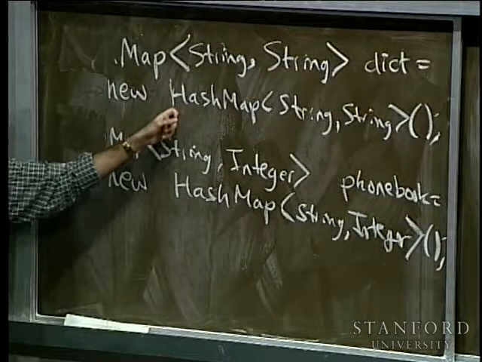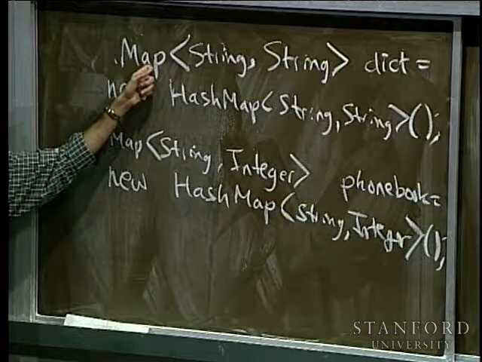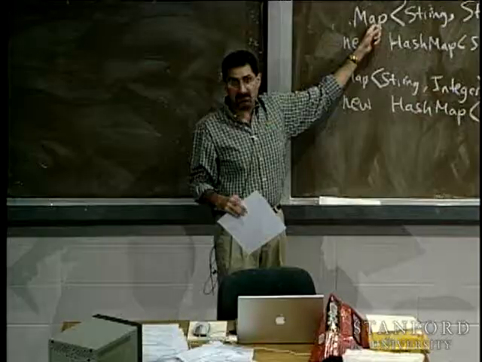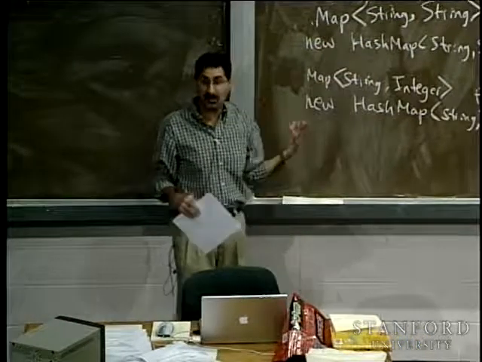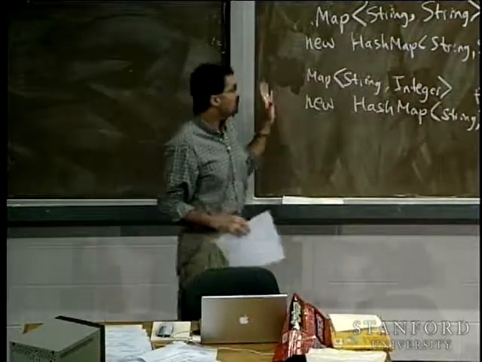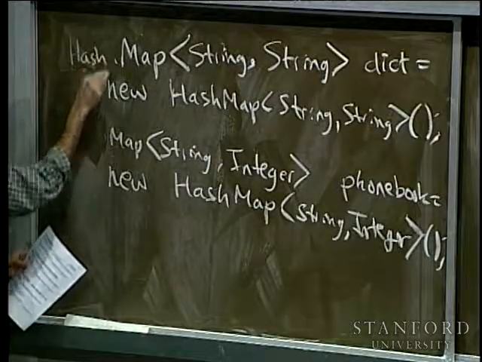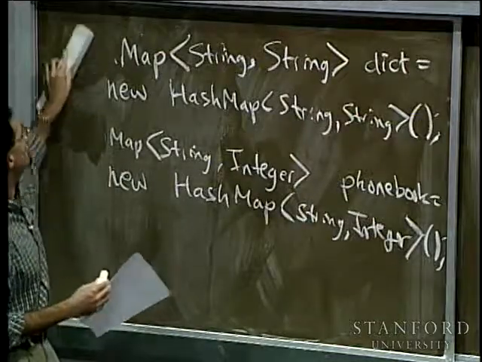Okay? Because the HashMap implements the Map interface, it will have all the methods that a Map expects. So anytime I use this and I say, hey, it's a Map, and I call any of the methods for a Map, it's perfectly fine because a HashMap is guaranteed to have implemented those because it implements the interface. So just so you see this in code, sometimes you'll actually see the Hash out here. Sometimes you won't. You should see it both ways.